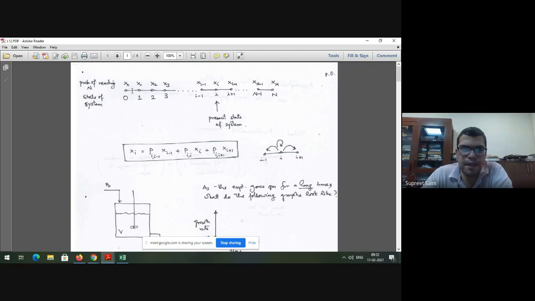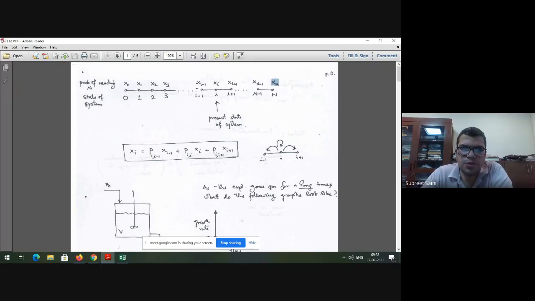The expressions above the line represent the probability of reaching n when you are at that particular stage. If you are at 0, the probability of reaching n is x0. When you are at 1, the probability of reaching n is x1. x0 is of course 0 and xn is of course 1.